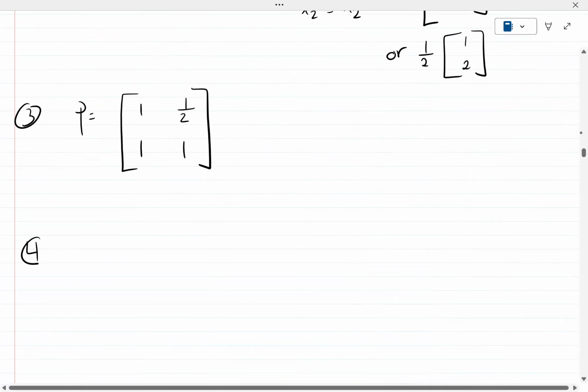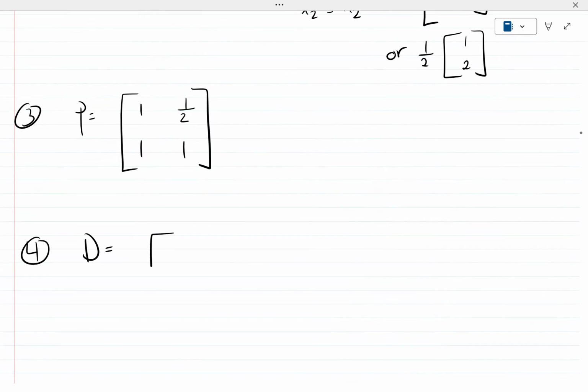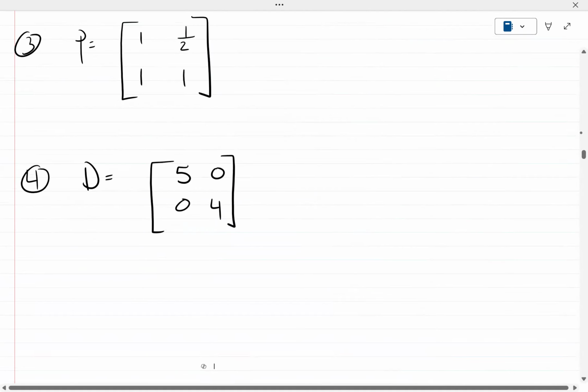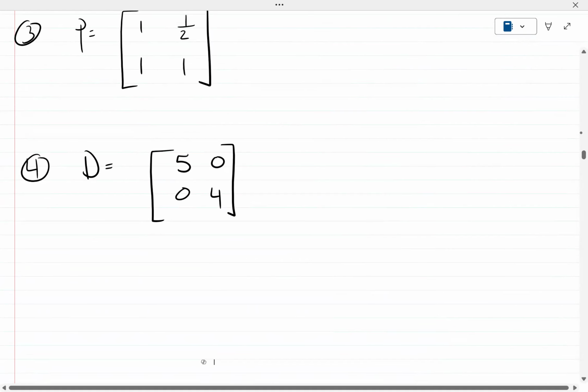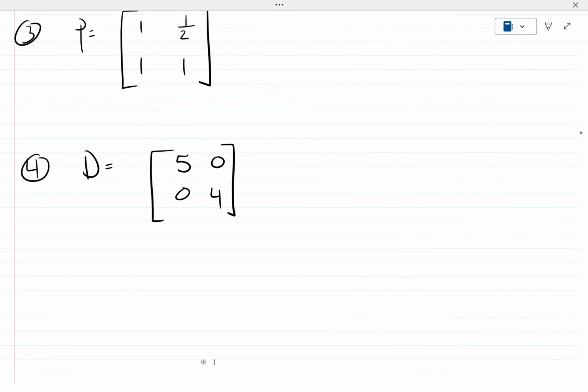So step 4, our D is the lambda. One of my lambdas was 5, and my other lambda was 4. And then you make these zeros. Step 5, put it in the formula. So we now know our P, we now know our D^20, and I believe we also know our inverse.